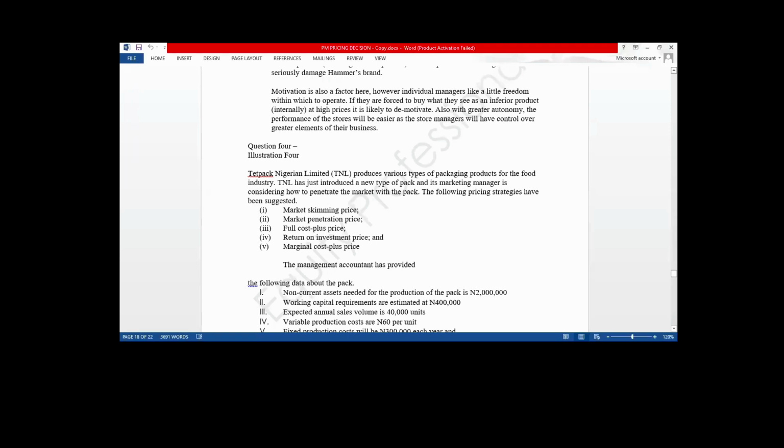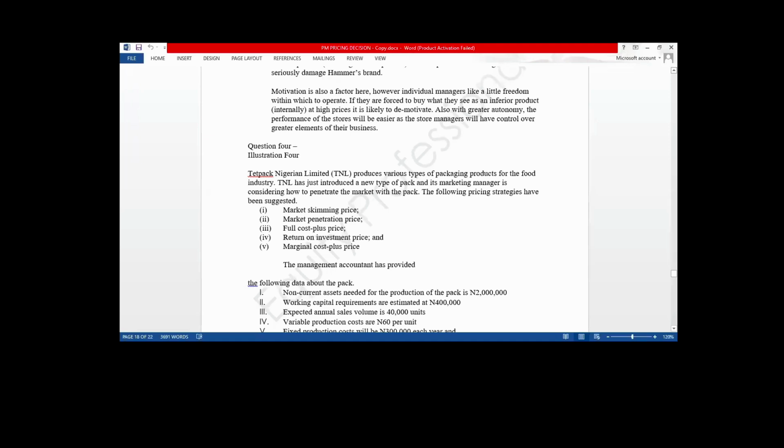The following pricing strategies have been suggested: 1, market skimming pricing strategy; 2, market penetration pricing strategy; 3, full cost plus price, return on investment price, and marginal cost plus price.